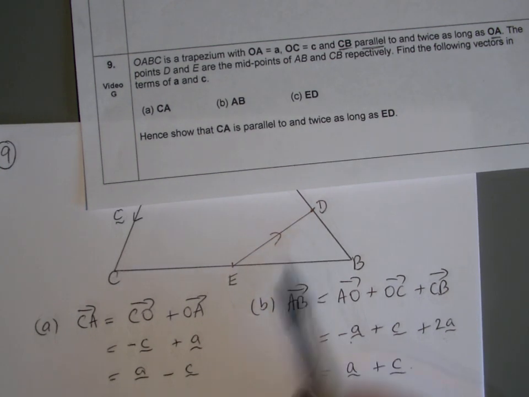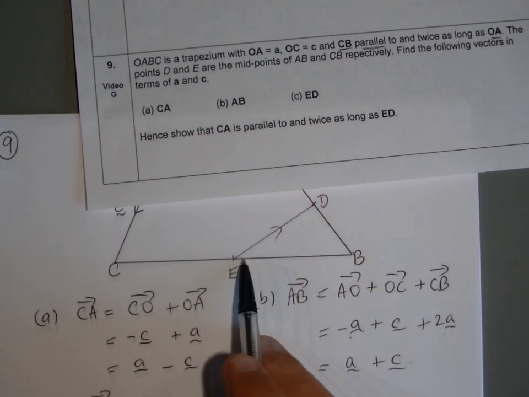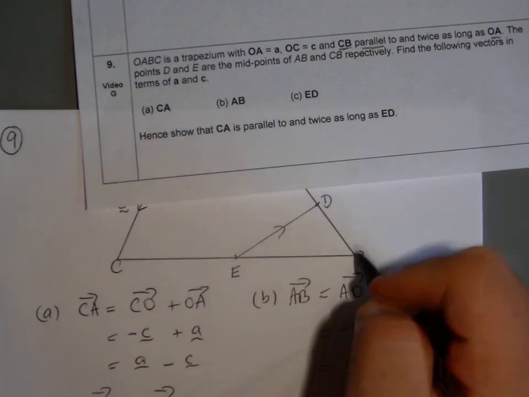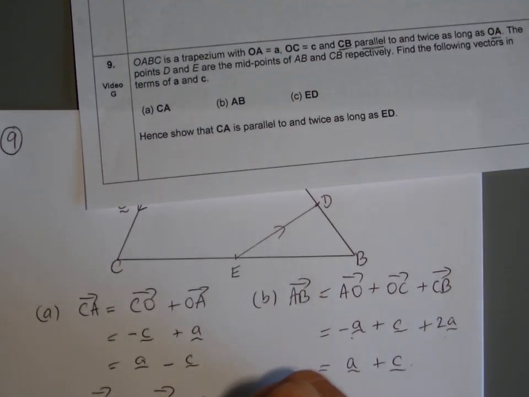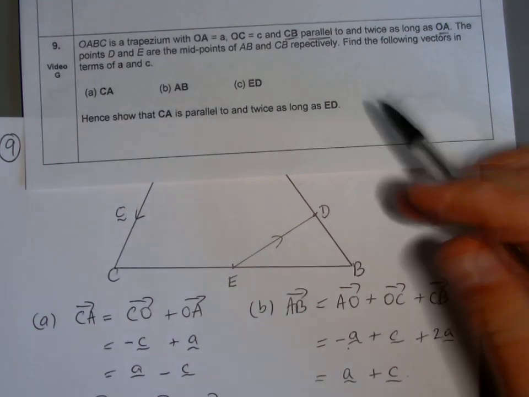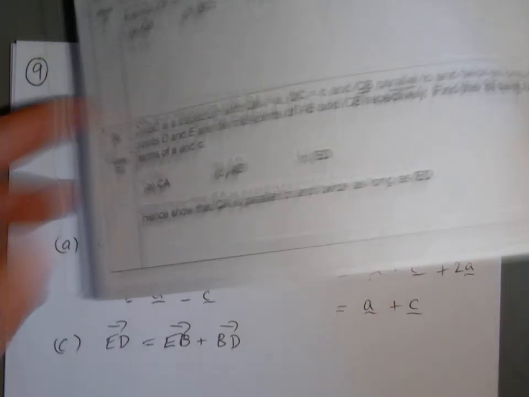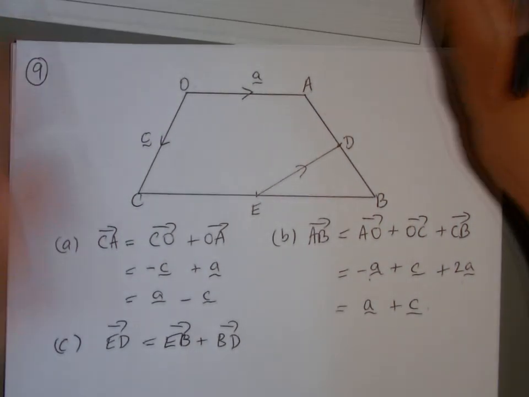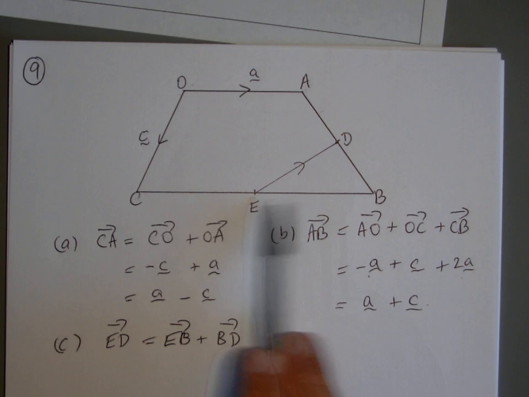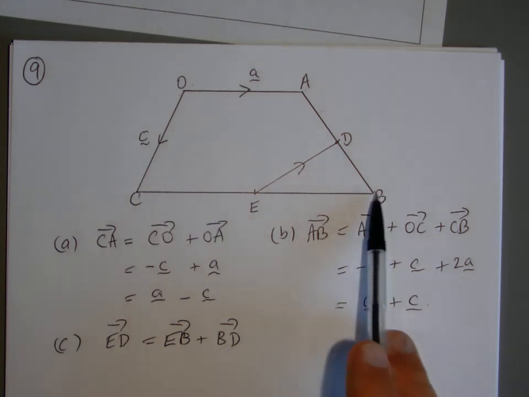Now E to D, we can simply see as the combination of going from E to B plus B to D. We can see E to D as going from E to B plus B to D.